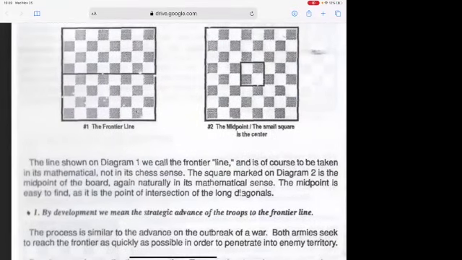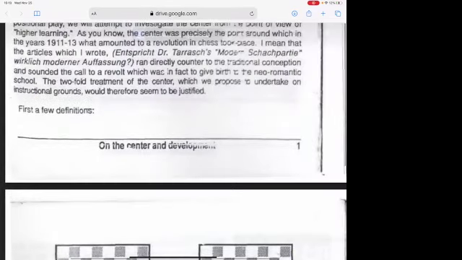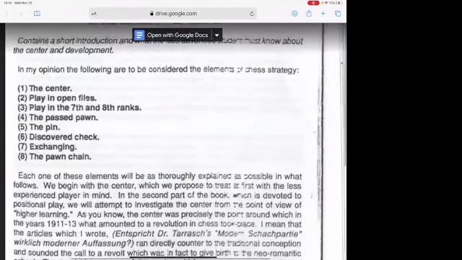All right, so the line shown on diagram one we call the frontier line, and it is of course to be taken in its mathematical, not in its chess sense. The square marked on diagram 2 is the midpoint of the board. Again, naturally, in its mathematical sense, the midpoint is easy to find as it is the point of intersection of the long diagonals. Okay, all right.